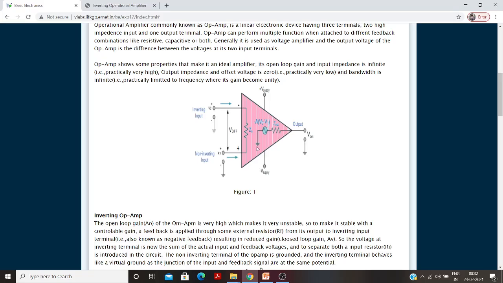In the second case, when you give the input to the non-inverting pin and ground the inverting pin, the configuration is called a non-inverting amplifier. We'll see in detail.